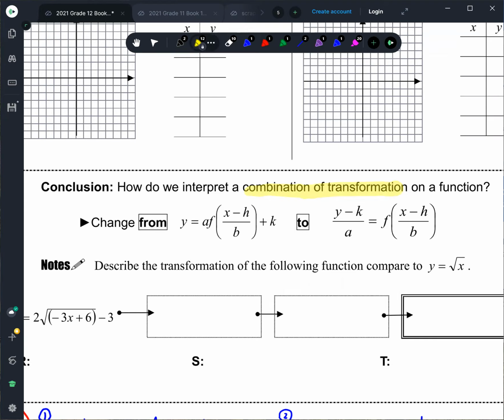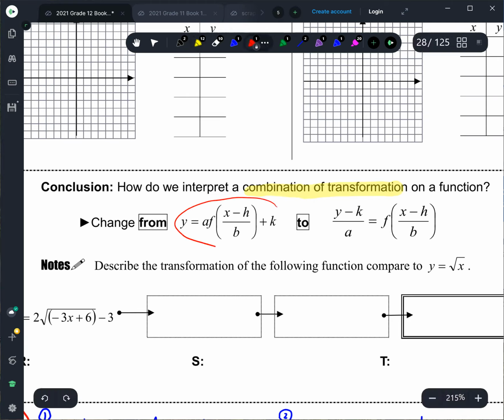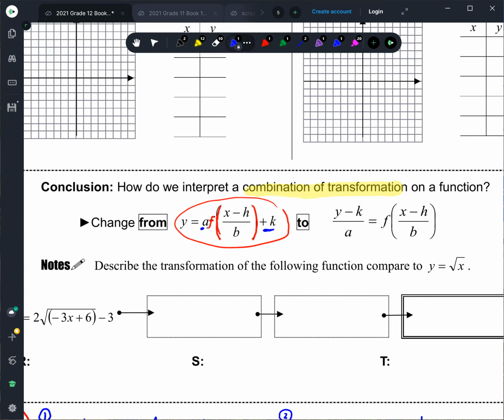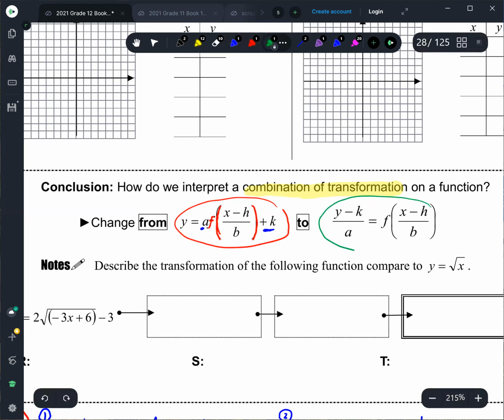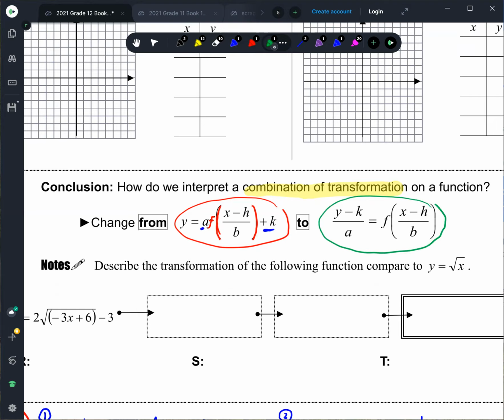You want to change from this form, you see the F of something. That's the X part in the bracket. The one that's outside is for the Y, and you can move them to the Y side. Then you want to change it to this one. This looks nicer, you have a similar form on both sides.